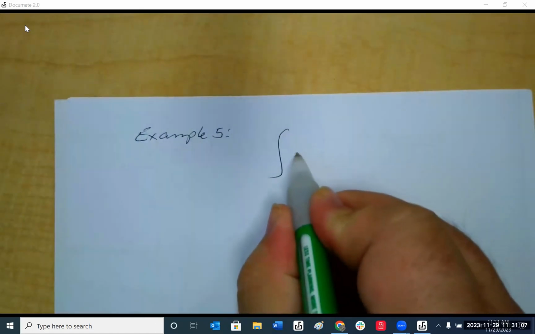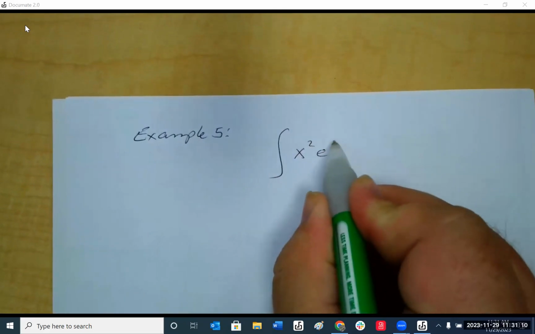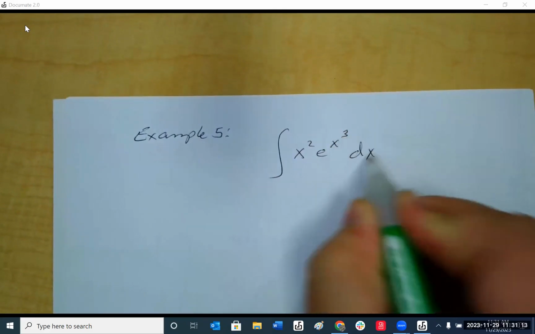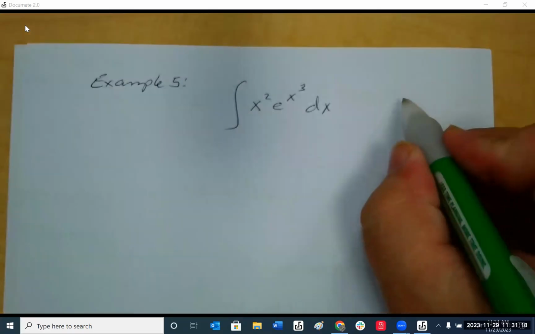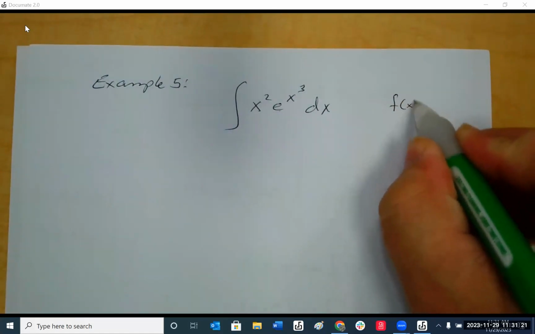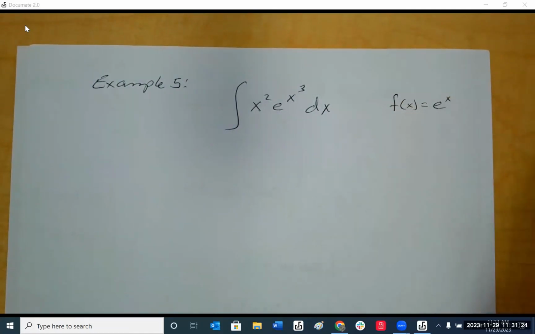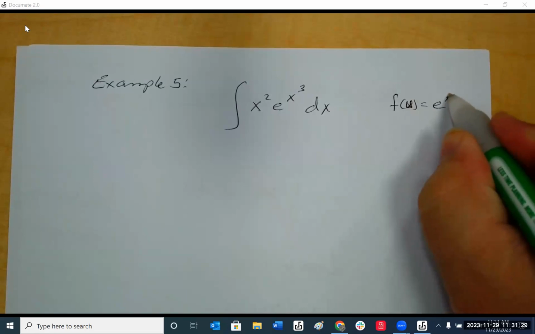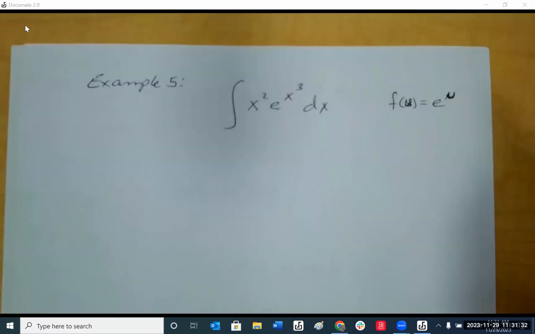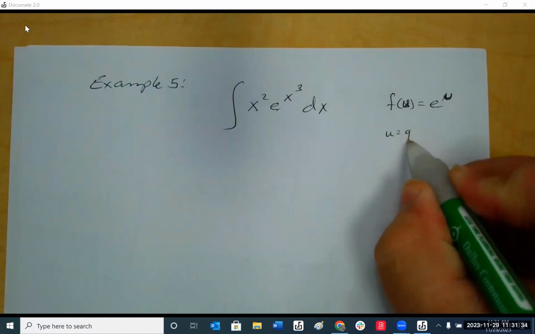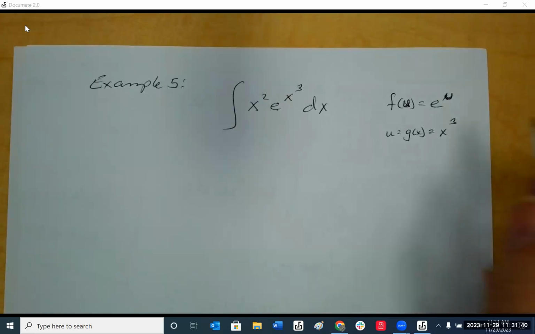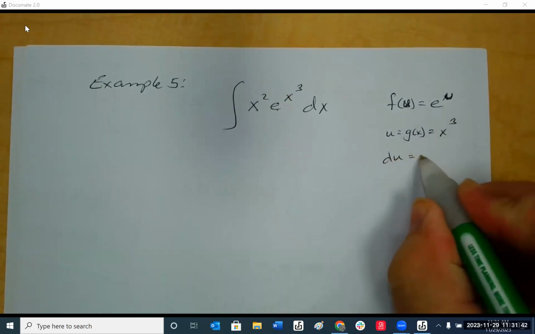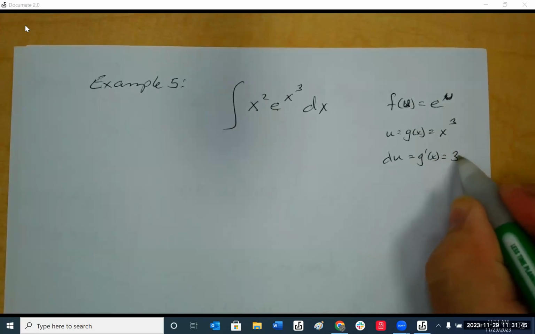If we have x squared e to the x cubed dx, it's a function within a function. Our function is e to the power u, and u is the function g of x, which is x cubed. So du, or g prime of x, is 3x squared.